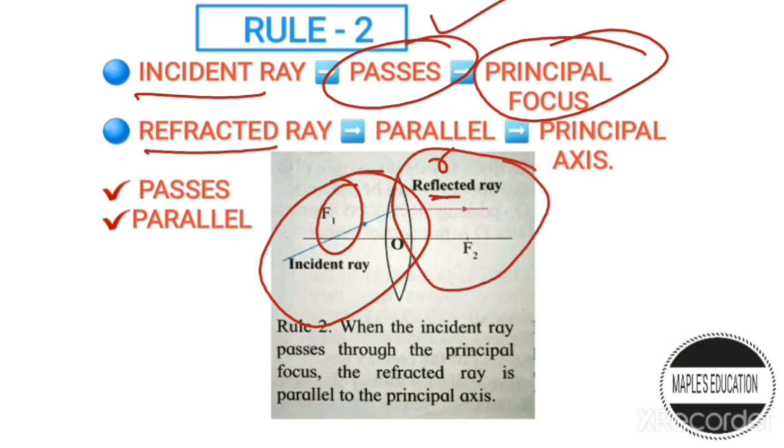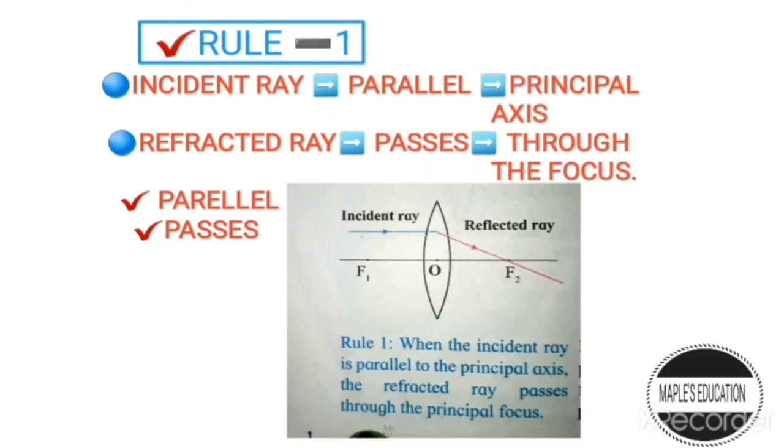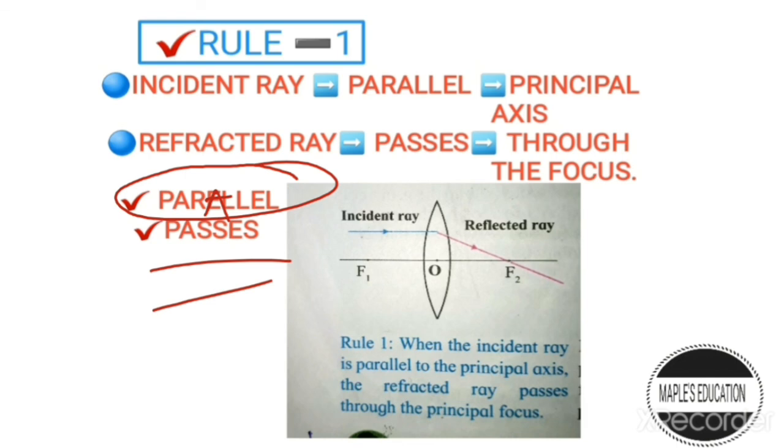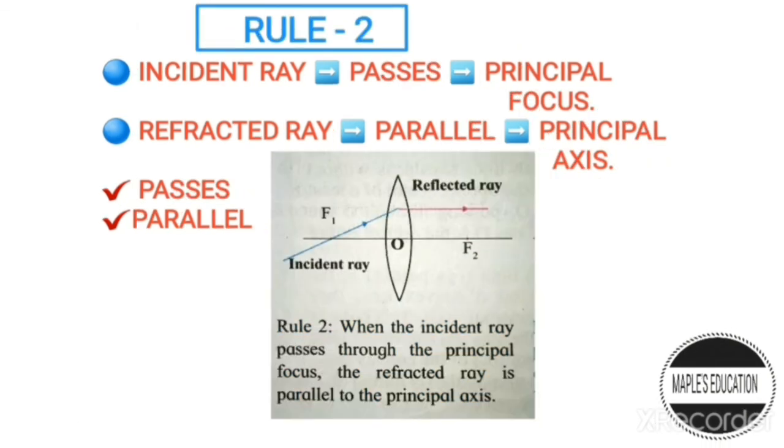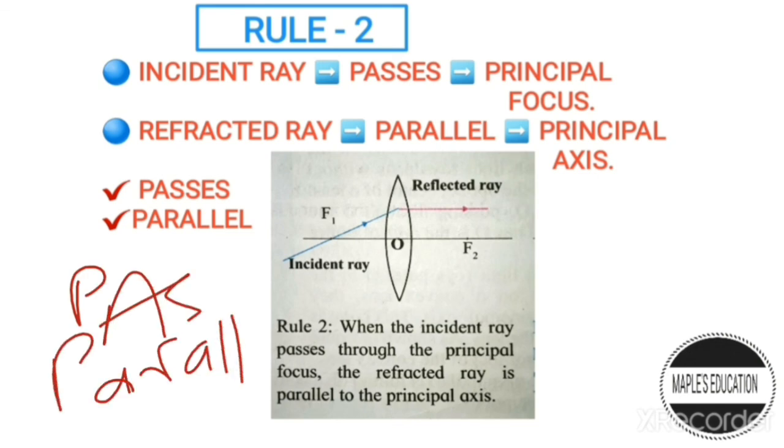So in this case, first we have passes and then we have parallel. In rule 1, we first had parallel and then passes, so you have to do vice versa. Rule 1 was parallel and then passes; rule 2 is passes and next is parallel. By this you can understand and remember the terms easily.